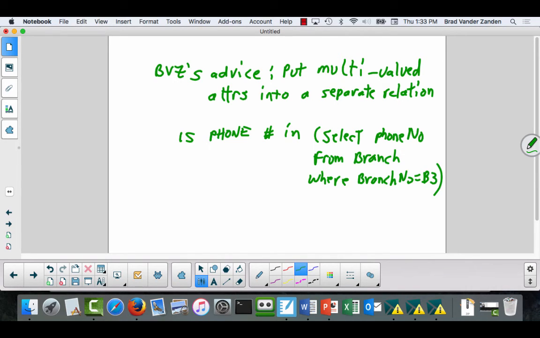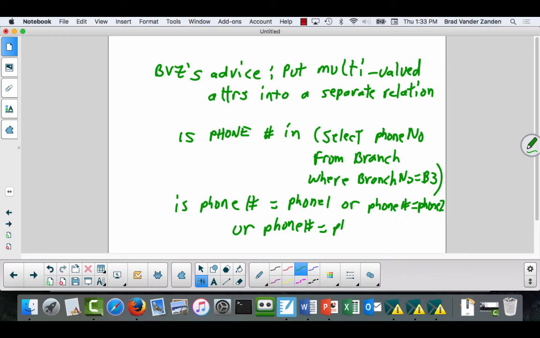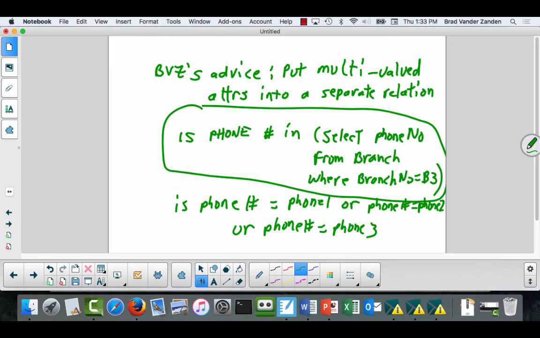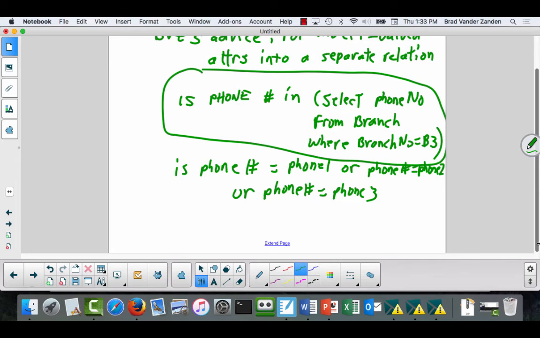I think it's easier to say that than to say is phone number equal to phone 1 or phone number equal phone 2 or phone number equal phone 3, and you still have to say something about where the branch number is equal to B3. I just find this to be easier to express, and it gets worse if there's 5 or 6 columns with the same phone numbers. So I just find it easier to put multi-valued attributes into their own separate relations.